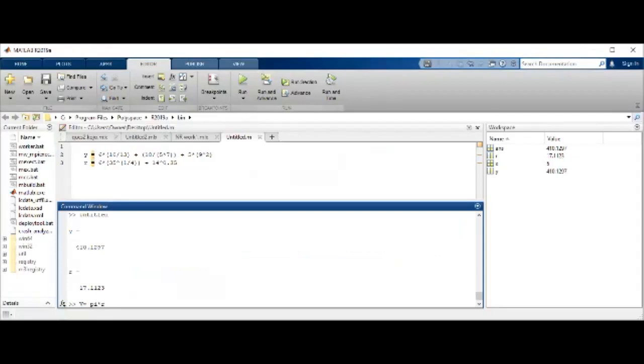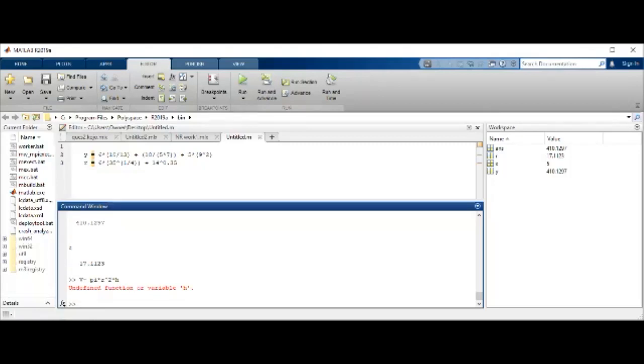So R raised to the power, that's R squared, then star H. So this is a volume formula we have given to it. Let's press enter and see what MATLAB will tell us.